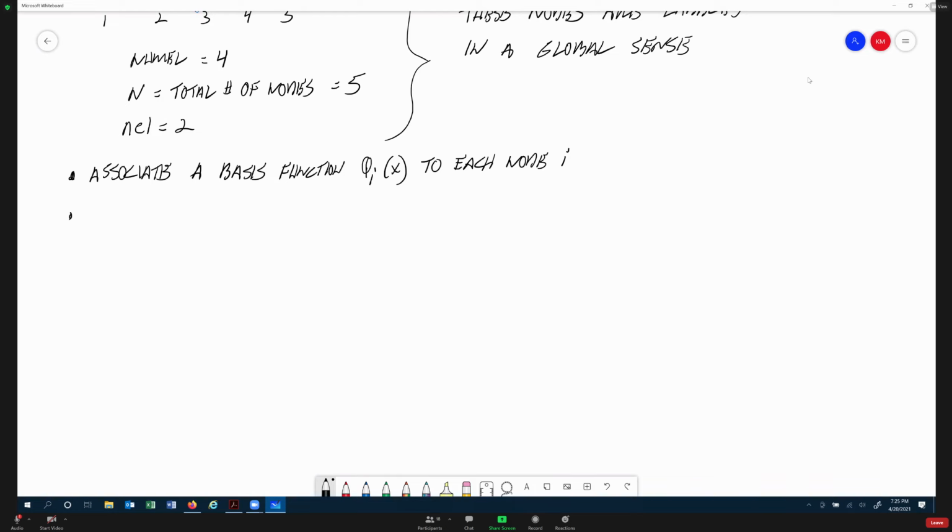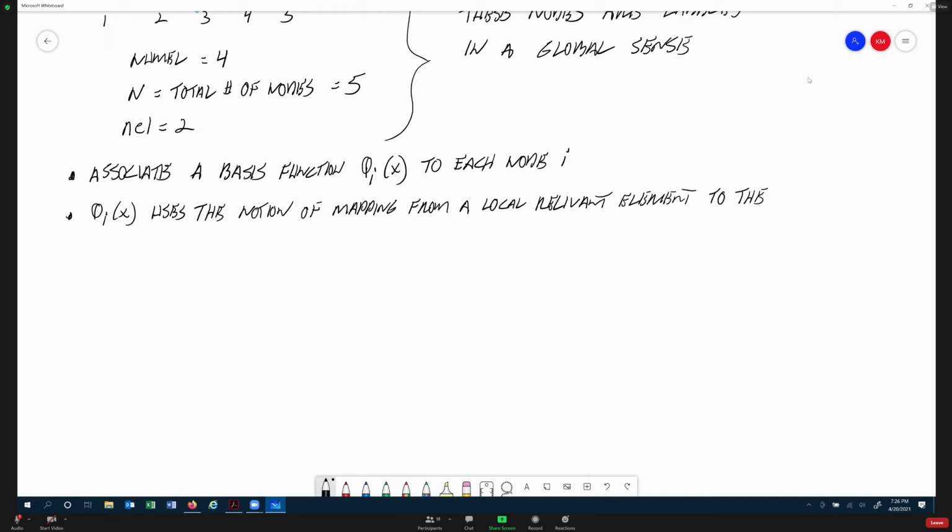And to contrast, let's say this phi of x uses the notion of mapping from a local relevant element to the physical element.